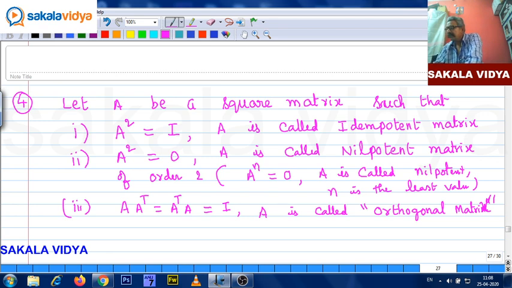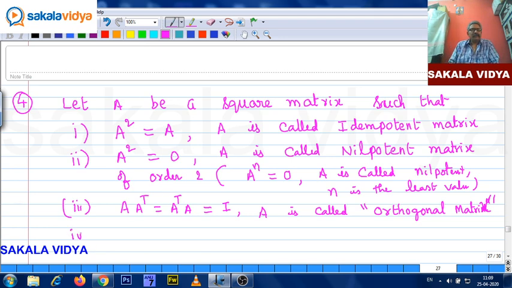One minute, I will check it now. Yes, correct. Sorry, A square is equal to A, then A is called idempotent.